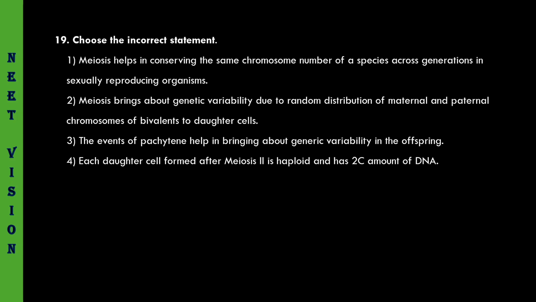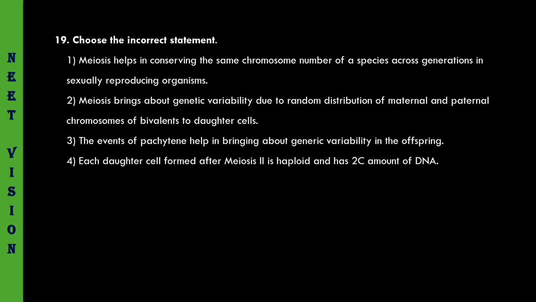Meiosis brings about genetic variability due to random distribution of maternal and paternal chromosomes of bivalents to daughter cells. Yes. During meiosis, the alignment or distribution of maternal and paternal chromosomes of each bivalent is independent of another one. In one bivalent, the maternal chromosome may be towards the upper pole; in another bivalent it may be towards the lower pole; in the third again upper, in the fourth again lower.